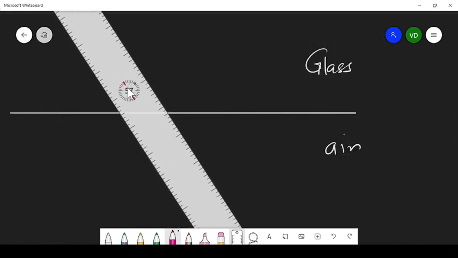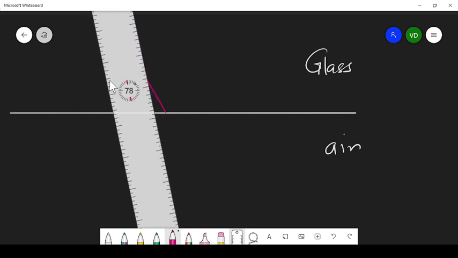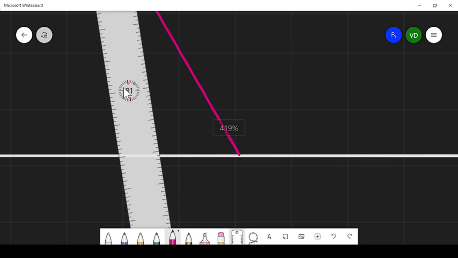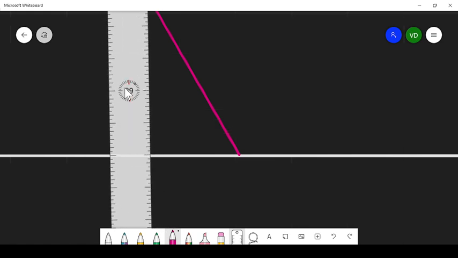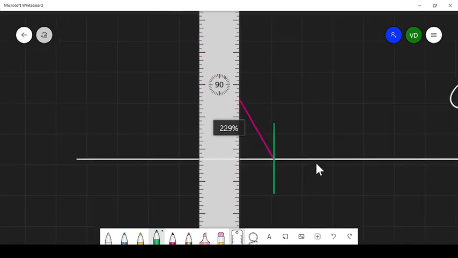So let us consider this. Again we will take the typical example, 60 degree. Obviously if you talk about this, then the light will move away from the normal when it comes from glass to the air.